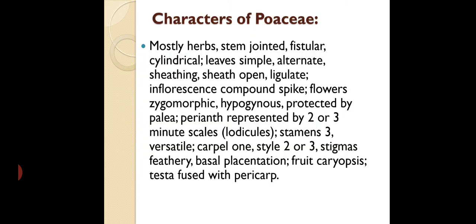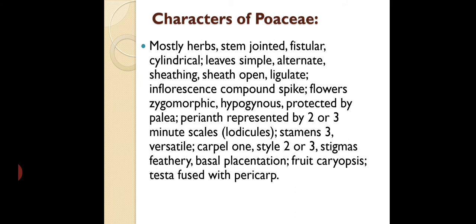So from all these characteristics, we can conclude the family. To read or remember the general characteristics or diagnostic characters: mostly annual herbs with a fistular stem or sometimes tough stem.